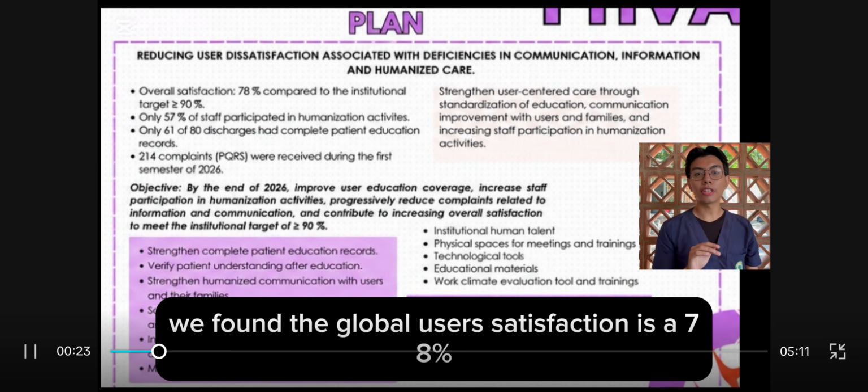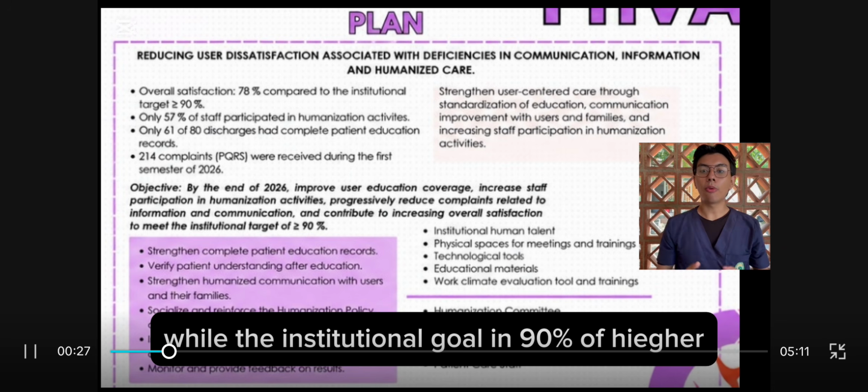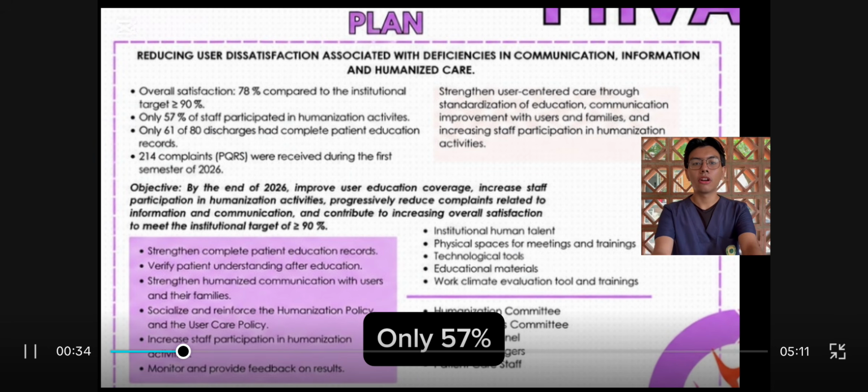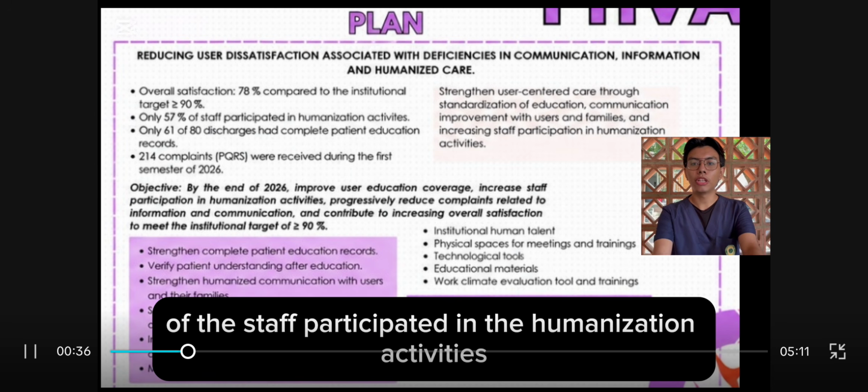We found the global user satisfaction is 17.8% against the institutional goal of 19%. Only 57% of the staff participated in the humanization activity.